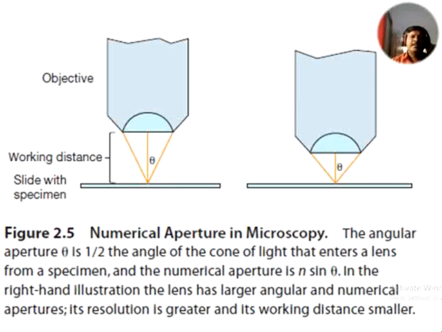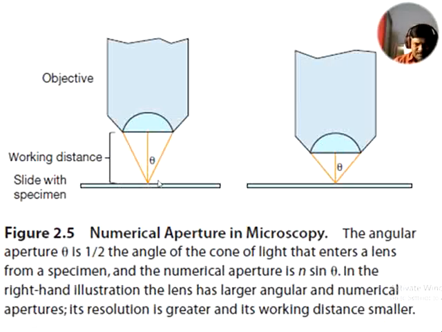See, here is the objective. We already studied that there are 3 types of objectives: low power objective, high power objective, and oil immersion objective. So here is the lens. Below, at the base of the objective, there is one lens, and here is our slide, and on the slide there is a specimen.